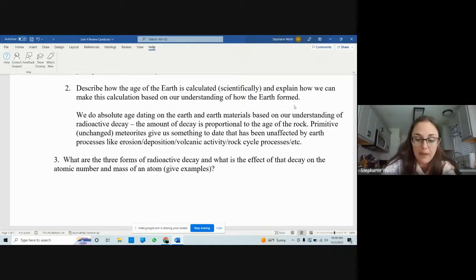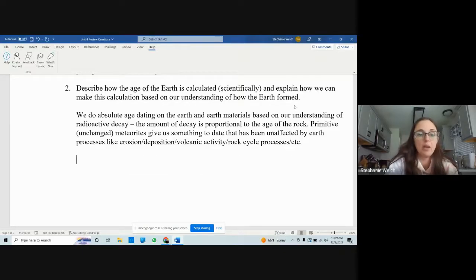So specifically, we use these primitive meteorites and a type of radiometric dating called uranium-lead dating.